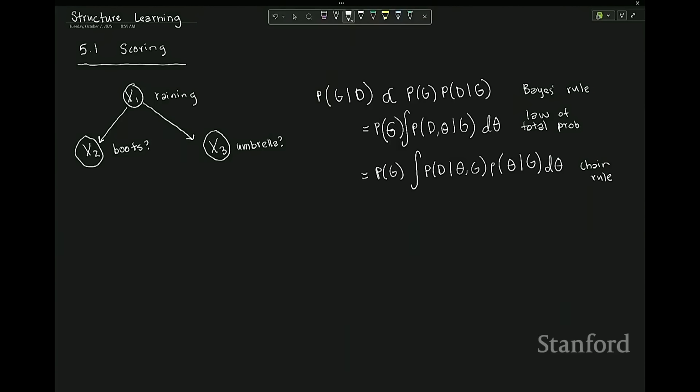All right. So we're following the same assumptions we did previously about this following a Dirichlet distribution.